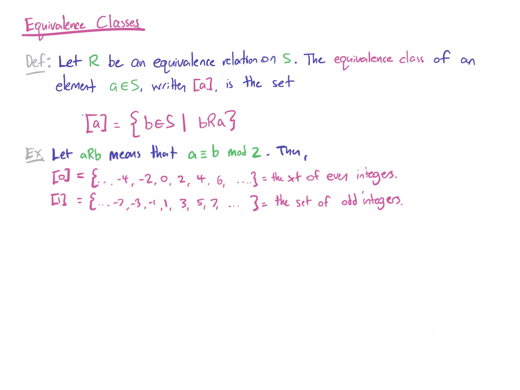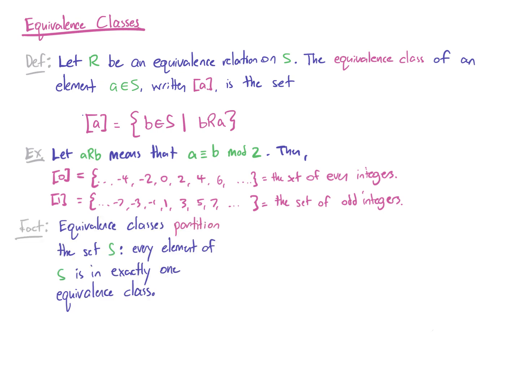A nice way to think about this is geometrically. Equivalence classes partition the set S. Every element of S is in exactly one equivalence class. There are no overlapping equivalence classes, and no element is left out of an equivalence class.